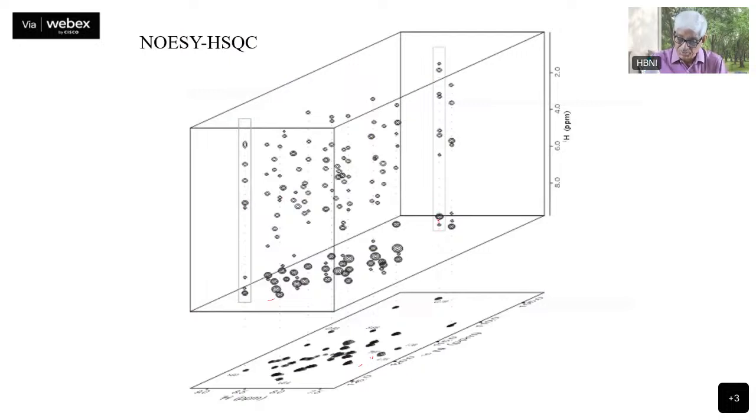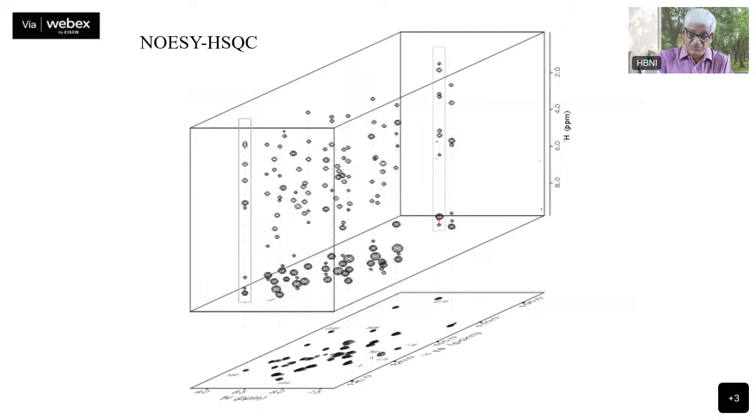From this particular proton, you are seeing NOEs to various protons here. So this peak is appearing somewhere here, and you have another peak down here. Then you have peaks here, here, and here. So you see the proton is showing NOE correlations to many of these other protons, and these are resolved on the N15 axis on the basis of the proton-N15 correlation.